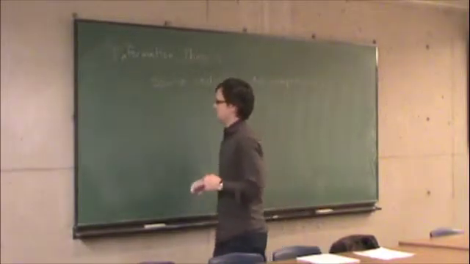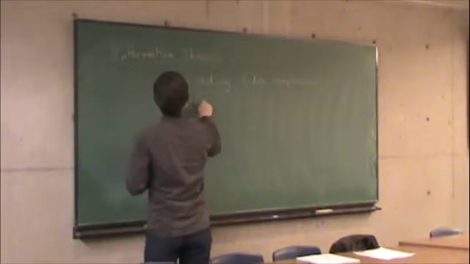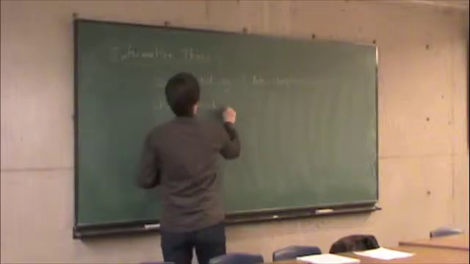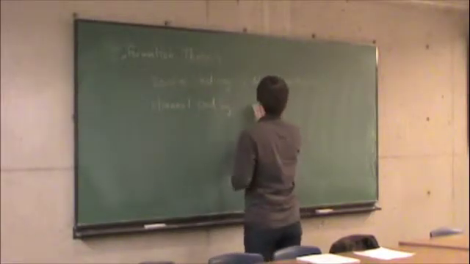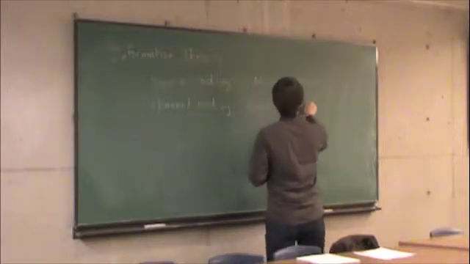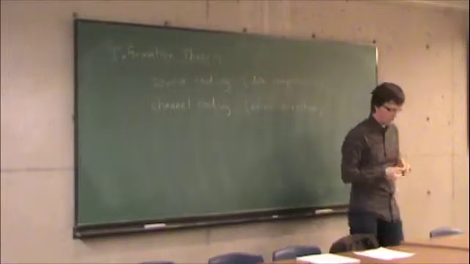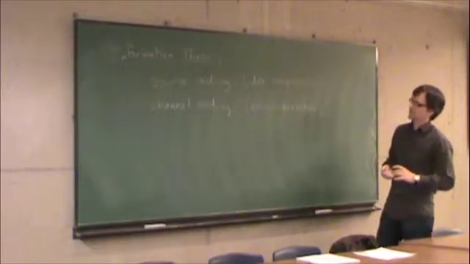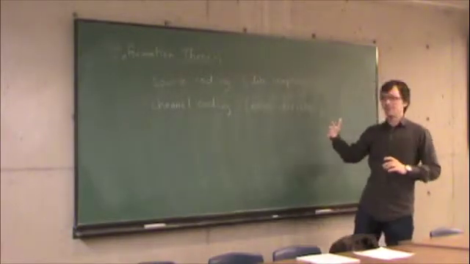The second heading is channel coding, possibly better known as error correction. For the remaining lectures that we have together, we're going to talk about source coding and channel coding.